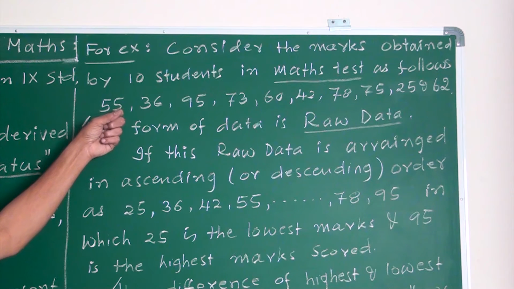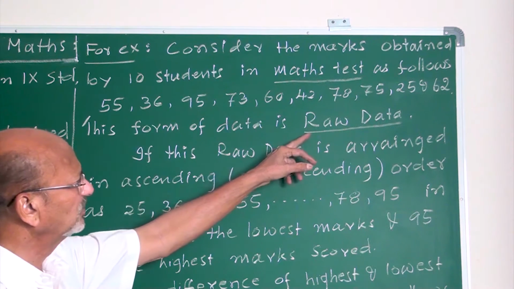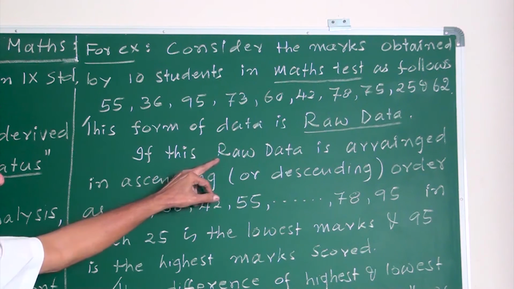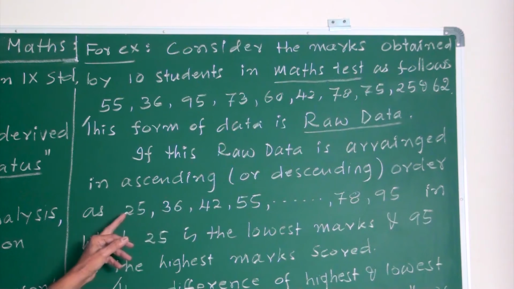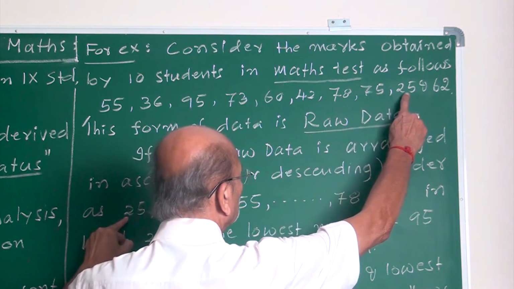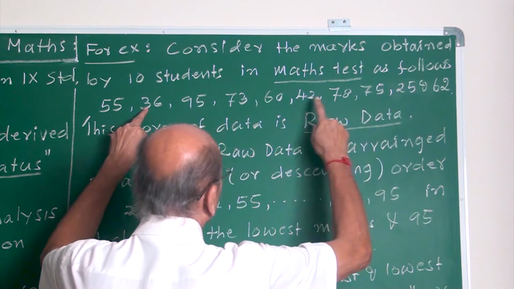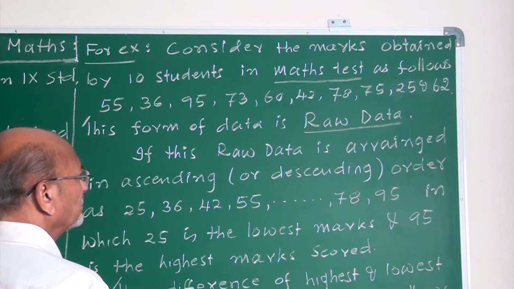If the collection of data is given in this form, it is nothing but raw data. If this raw data is arranged either in ascending or descending order, the very lowest value scored is 25, then the next lowest is 36, then 42.